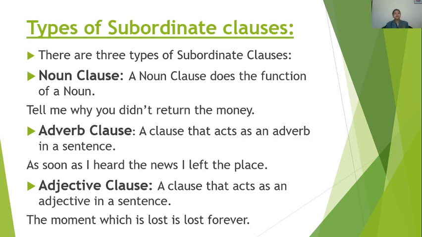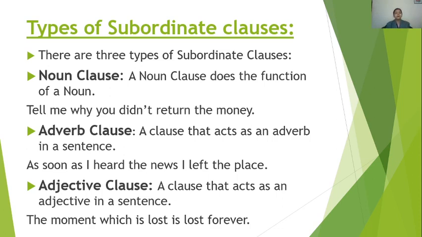That is the function of a noun. Here we are talking about a noun clause, and a clause is a group of words with a subject and a finite verb. So what is a noun clause? A group of words that functions as a noun. Means a noun clause does the function of a noun.